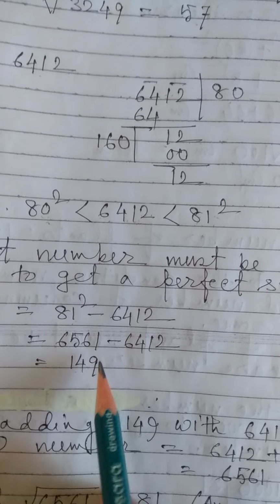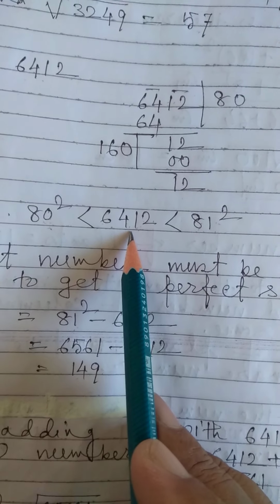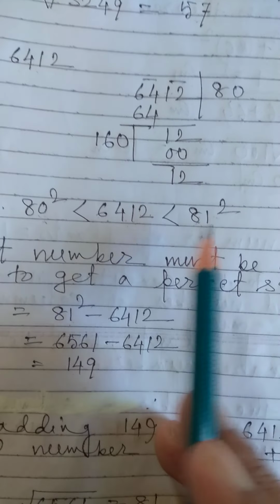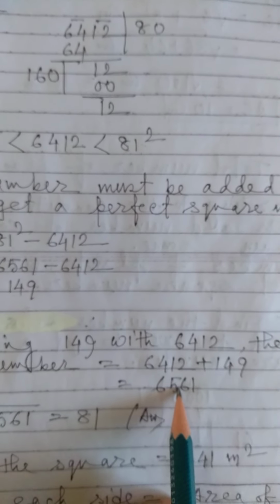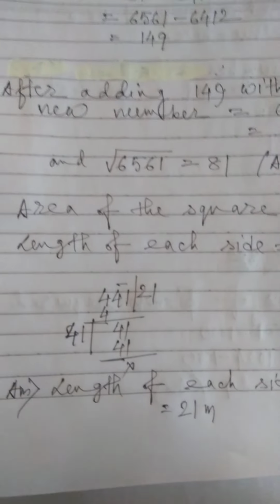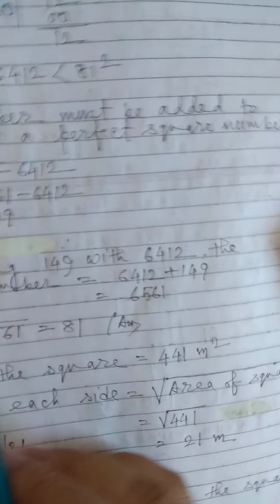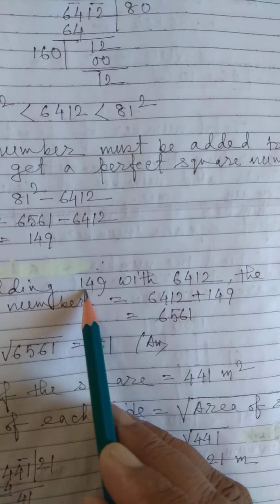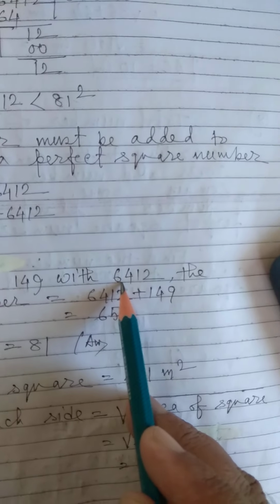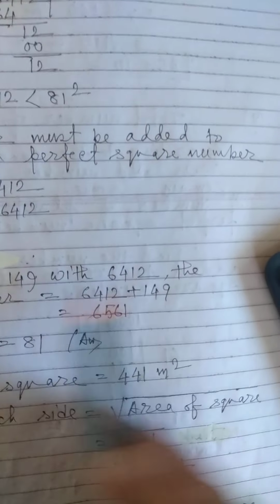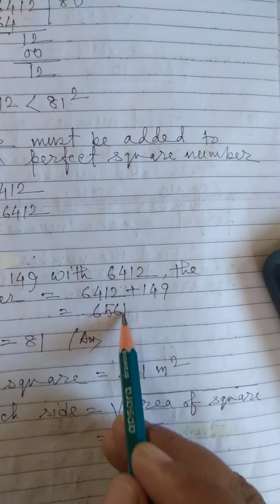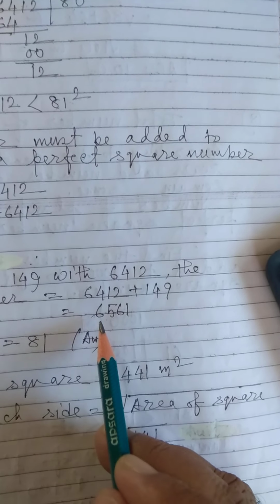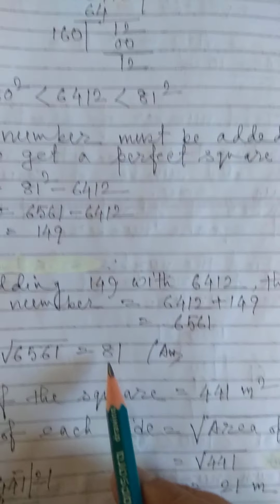So 149 must be added to this number. If we add 149 to 6412, we get 6561, and the square root of this number, root over 6561, is equal to 81.